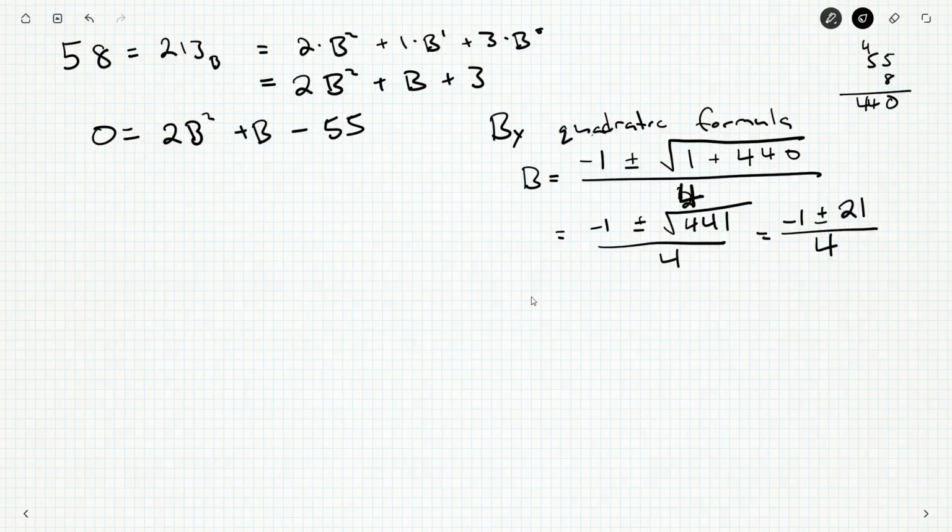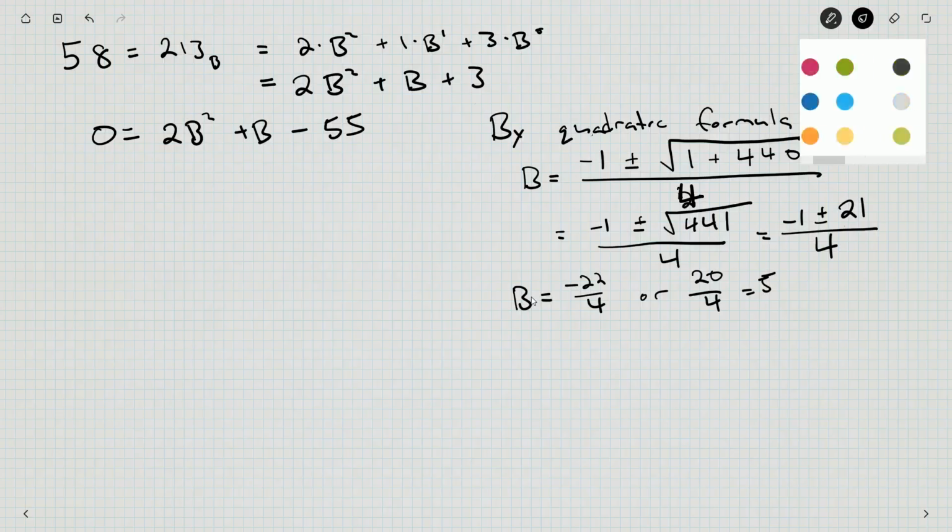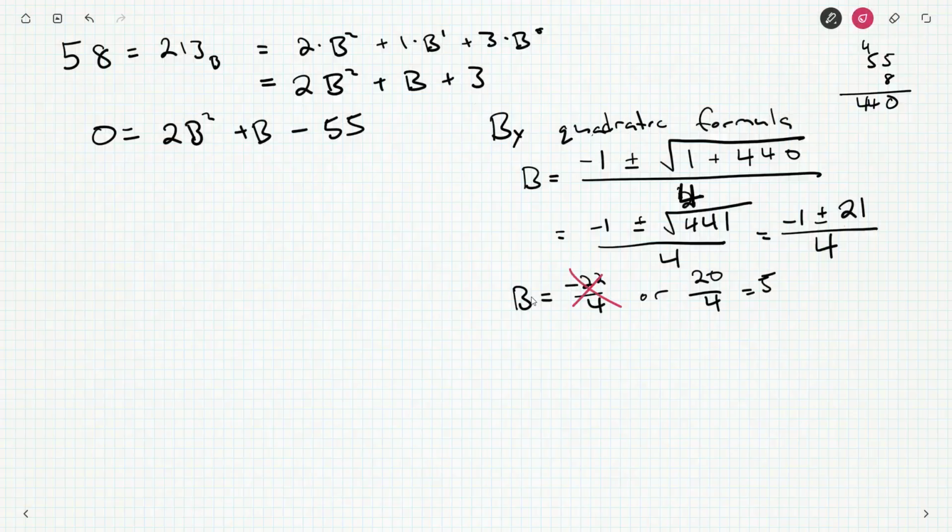Okay, and all over 4. So we can either have b is negative 22 over 4. That's not going to work. Or 20 over 4, which is 5. And obviously this one here is ridiculous.